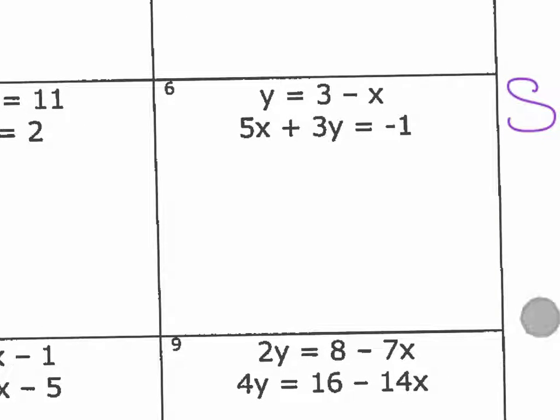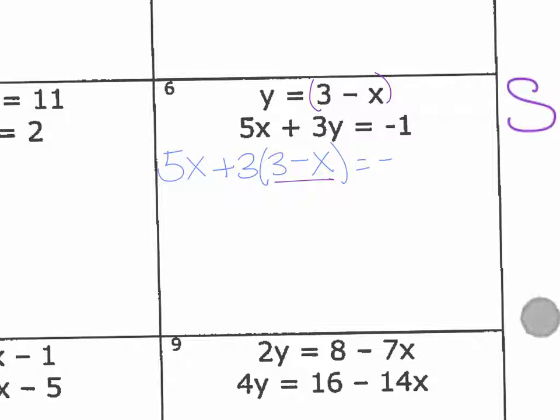There we go. We're going to take what y is equal to, which is 3 minus x, and that entire piece right there is going to get substituted in for the y spot in our second equation. So my new equation will read 5x plus 3 times 3 minus x, and this is where the y value originally was. Now it's 3 minus x.